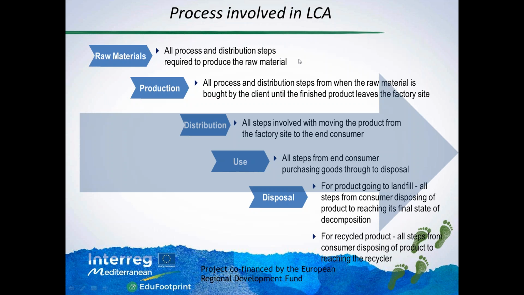So with raw materials, we consider all process and distribution steps required to produce the raw materials. For example, we are studying, I don't know, a paper packaging. So for raw materials, we are going to study cellulose and all the processes to extract it from trees.